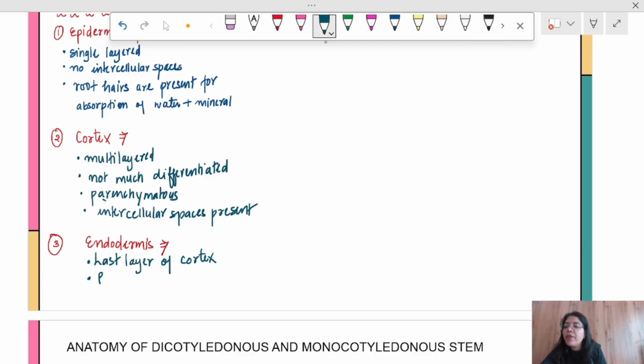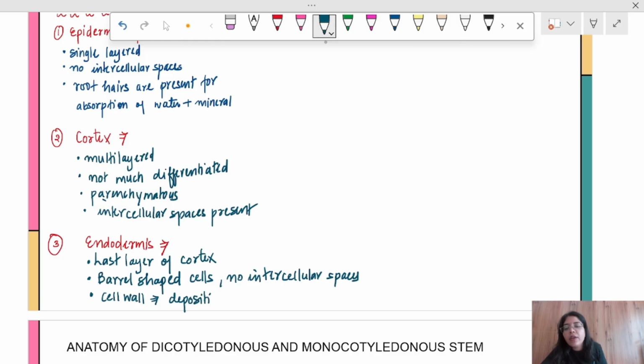Always remember the endodermis is barrel shaped. Endodermal cells are barrel shaped cells, with no intercellular spaces at all. After that, remember the cell wall has deposition of suberin. Very important: the cell wall has deposition of suberin. Suberin is hydrophobic in nature.